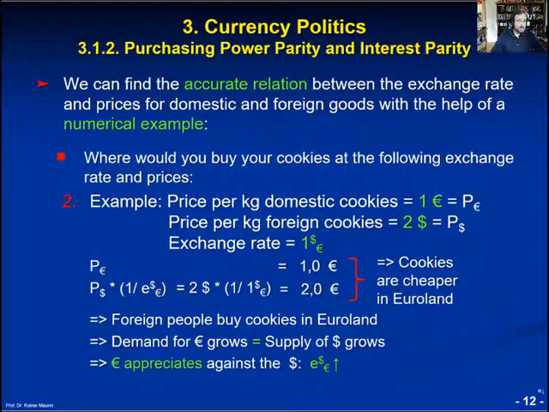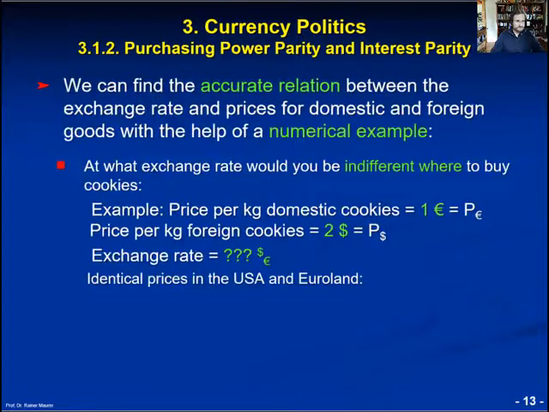This would cause an appreciation of the euro against the dollar. So an exchange rate of $1 per euro can also not be the equilibrium exchange rate. The equilibrium exchange rate must lie somewhere between $1 per euro and $4 per euro.